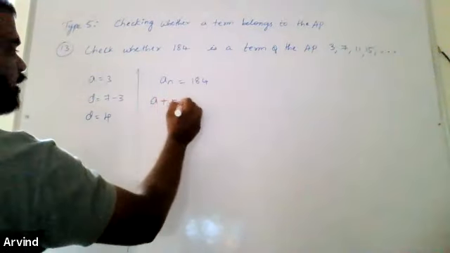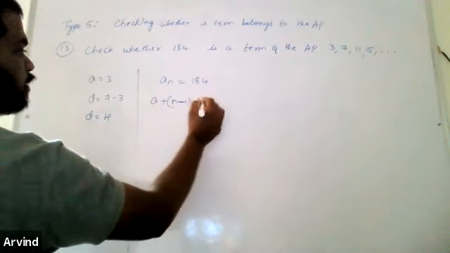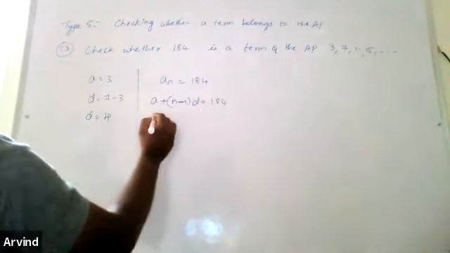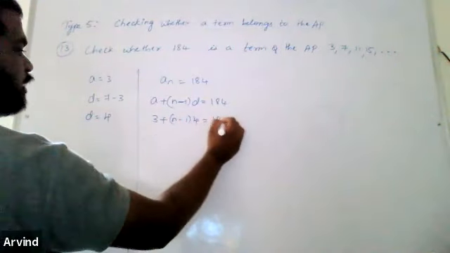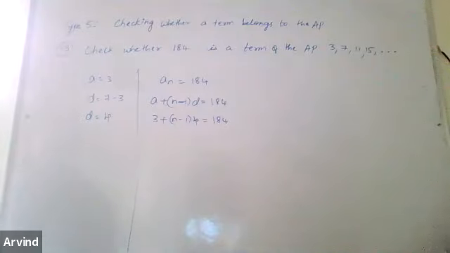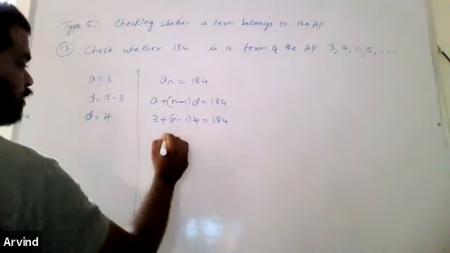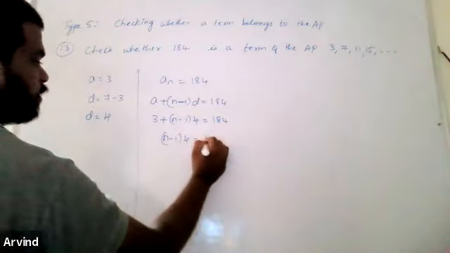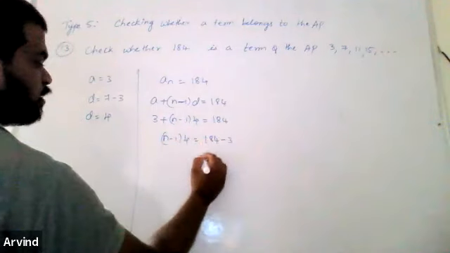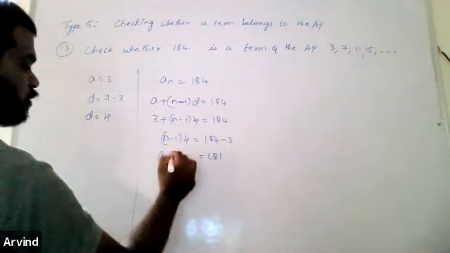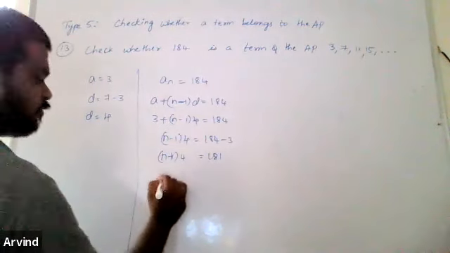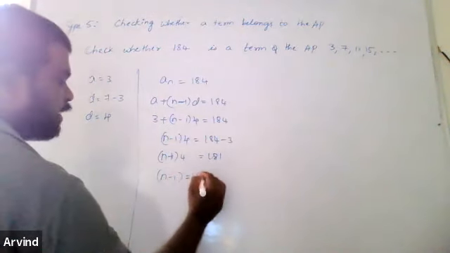A plus n minus 1 into D equals 184. A is 3, D is 4. So send that 3 to the other side. N minus 1 into 4 equals 184 minus 3, which is 181. Therefore, n minus 1 equals 181 by 4.